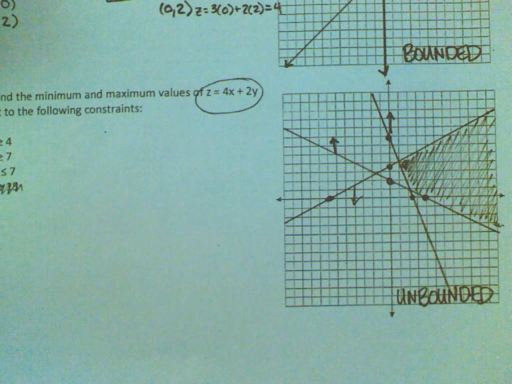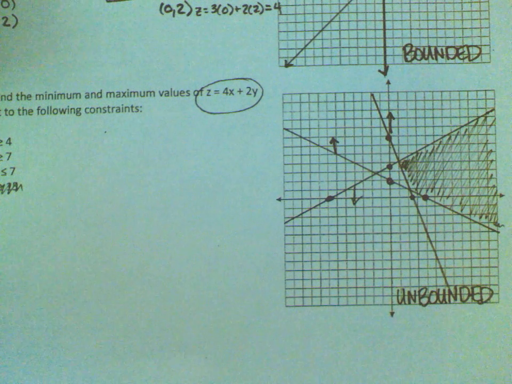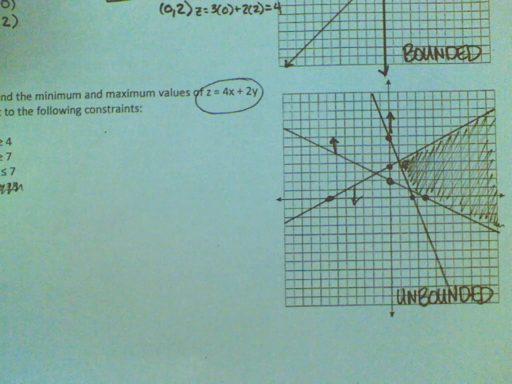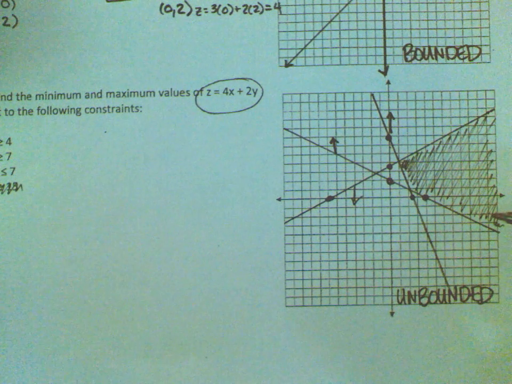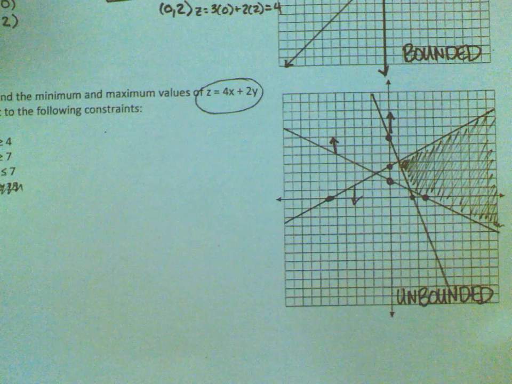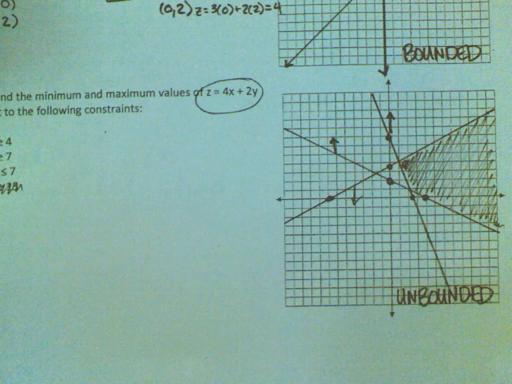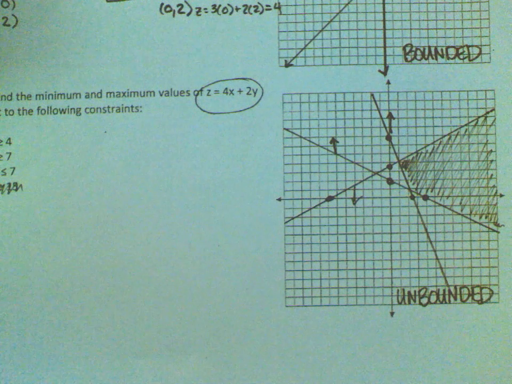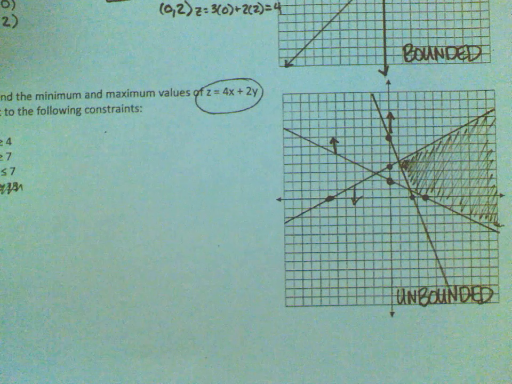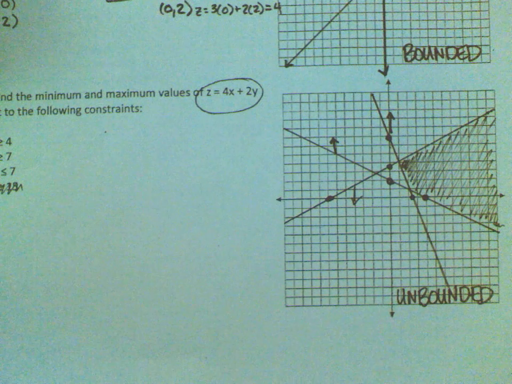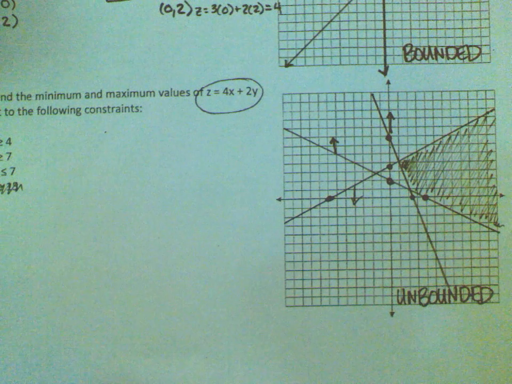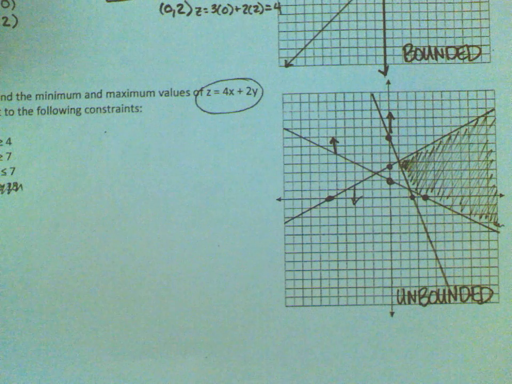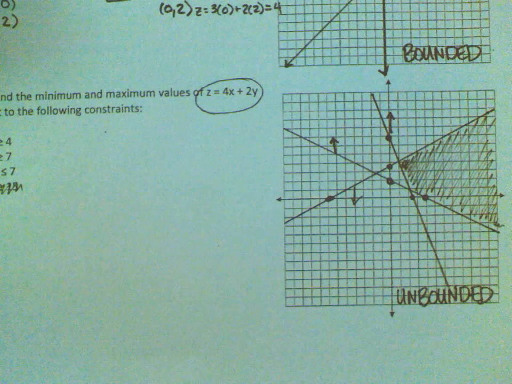If my x and y are continually growing, that's going towards positive infinity, right? And then over here, this is now going into negative. So we're thinking that's probably also approaching a negative, because this could get more and more negative. So we might say there is no max or min.